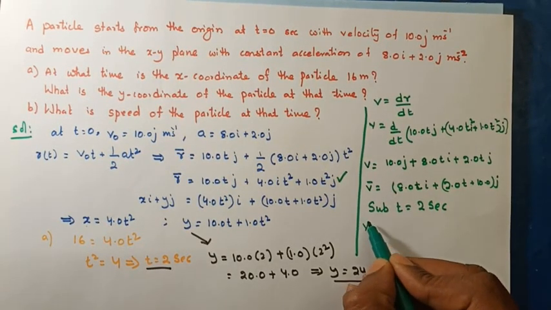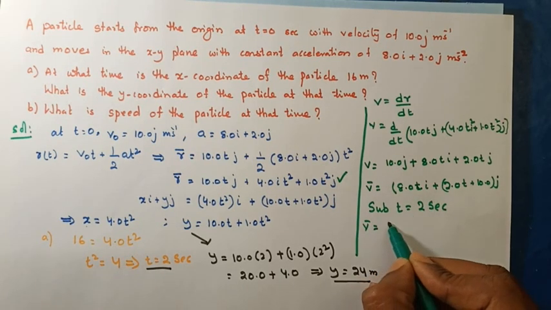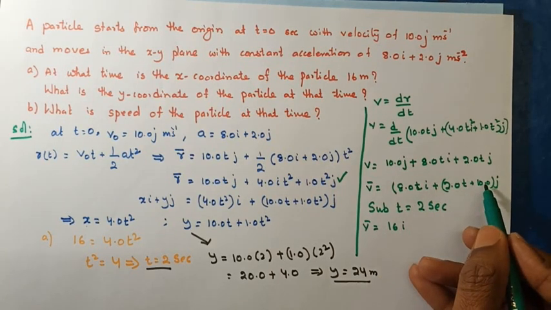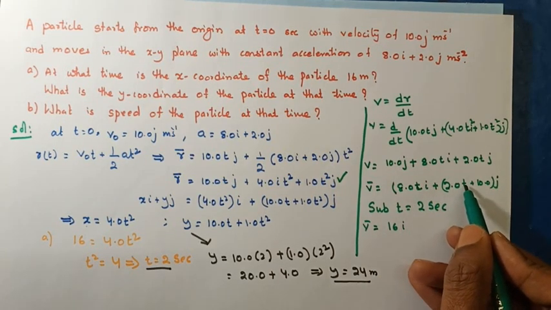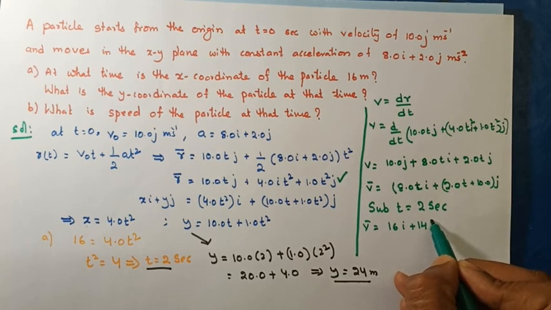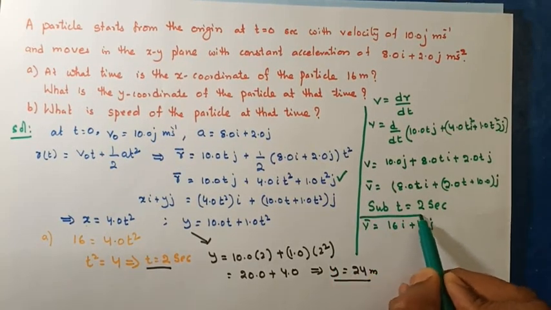You will get 16i plus (10 plus 2 into 2) j, which is 14j. This is the velocity vector.